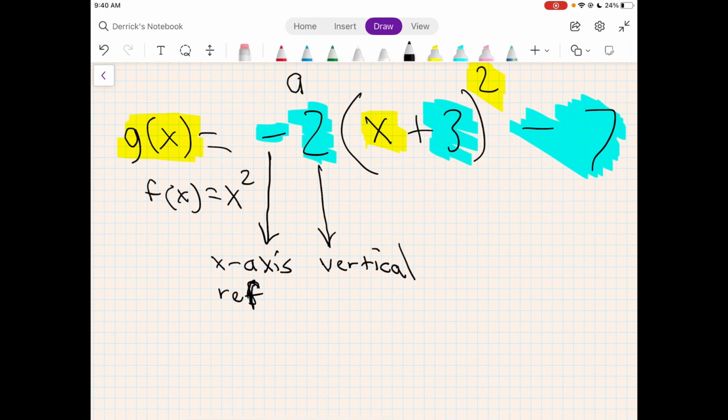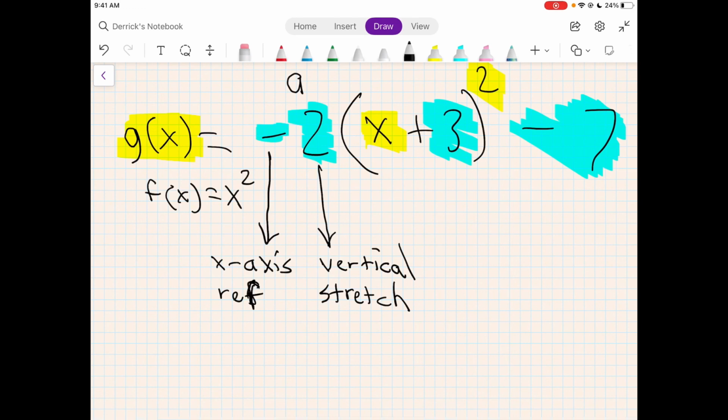Remember, we want to look at the absolute value of this. It's not a negative 2. We're looking at it as just 2. 2 being greater than 1 means we would have a vertical stretch here. It's a vertical stretch because we are looking at it as just a 2. We're taking the absolute value, which means we're just looking at a positive 2, and that's greater than 1.